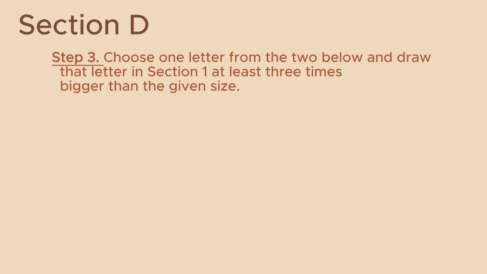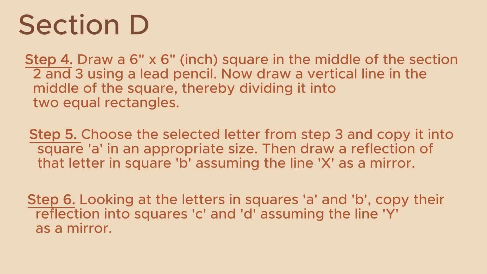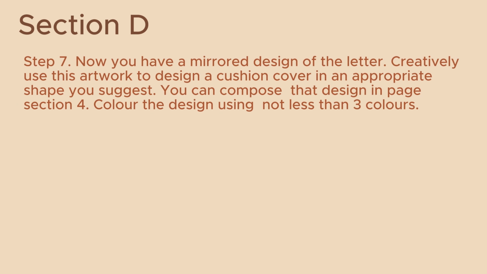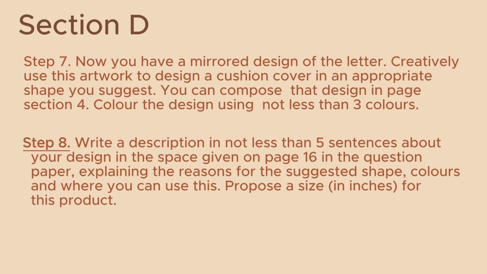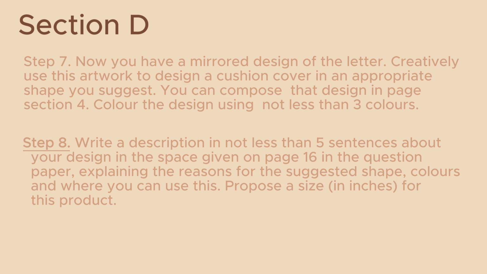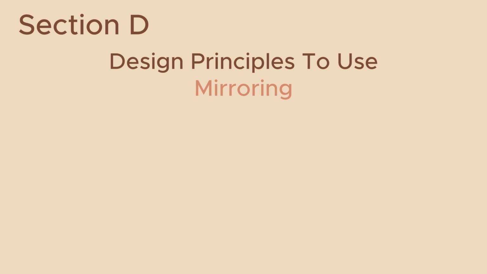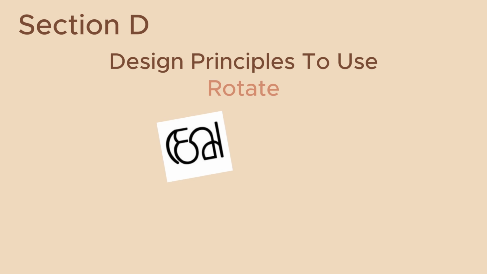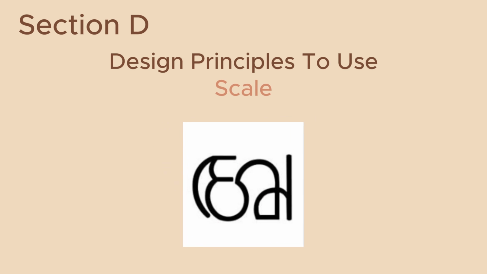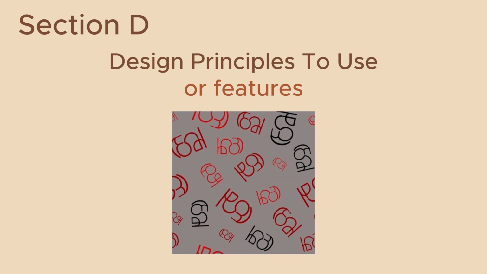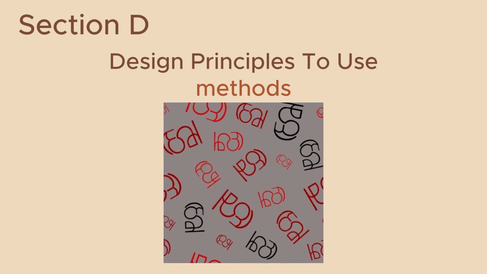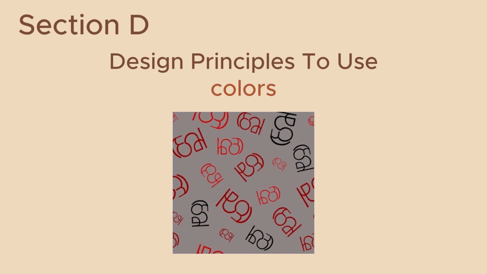You are given a letter or a symbol and asked to manipulate it by mirroring, repeating, or using other design principles. In order to make a creative design, you can make use of these design principles. You may repeat the letter artwork, mirror it, rotate it, scale it up and down, emphasize certain elements or features using different methods, such as using contrasting colors in your design.